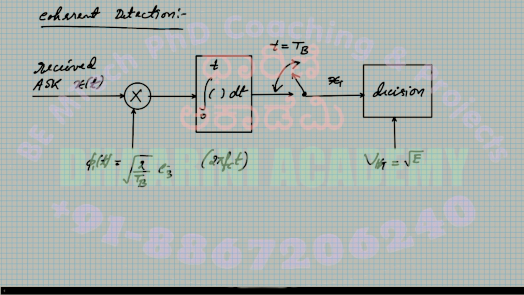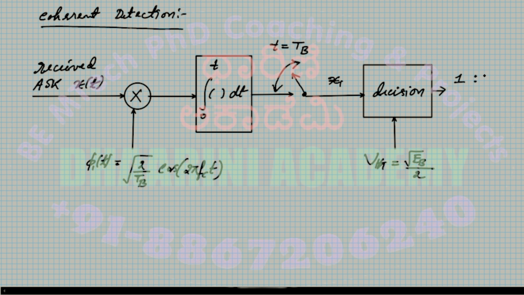Depending on x1, first x1 is compared with root of EB by 2. If x1 is greater than the threshold, the symbol is decided as 1.